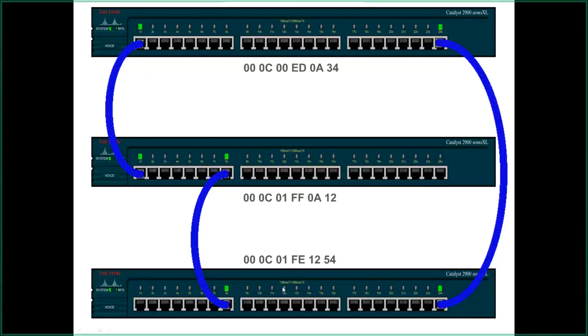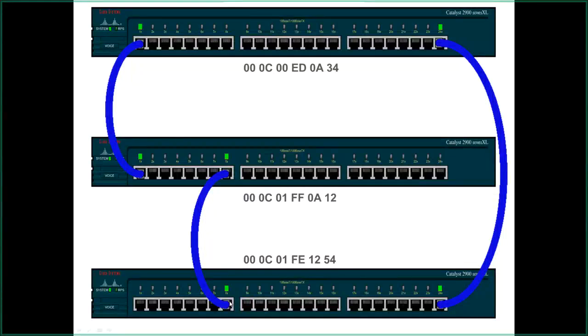What about the bottom switch? Well, the lowest cost to the root bridge is this cable here, because it's cost of 19. PDU arriving there is 38, PDU arriving there is 38. Alright, so we've got two possible designated ports.